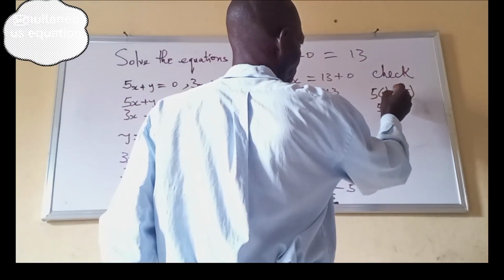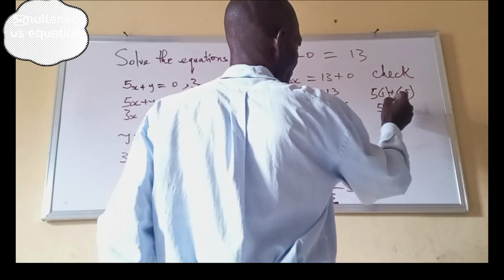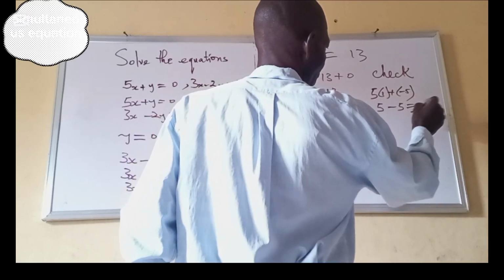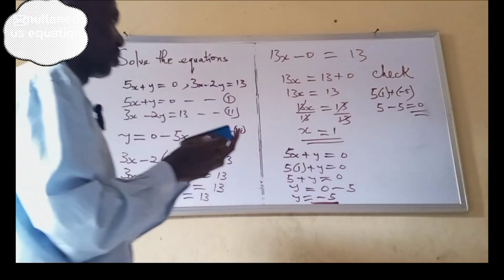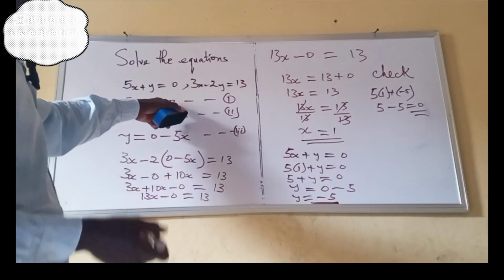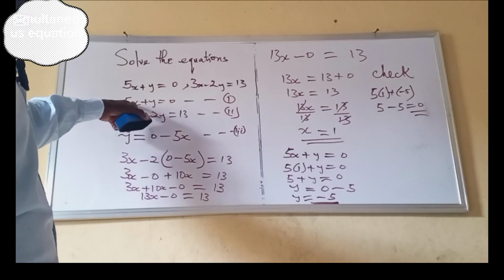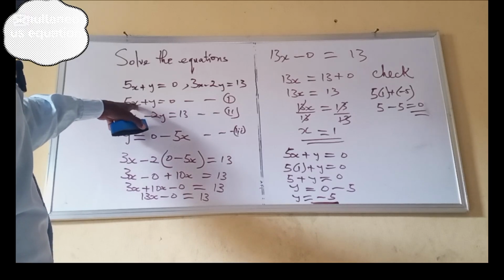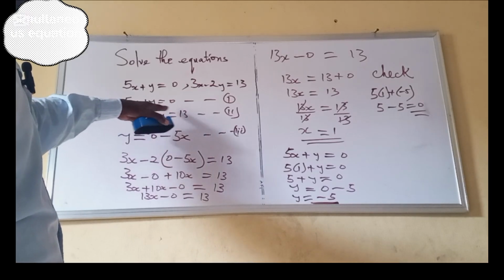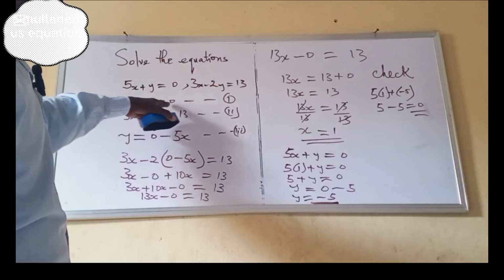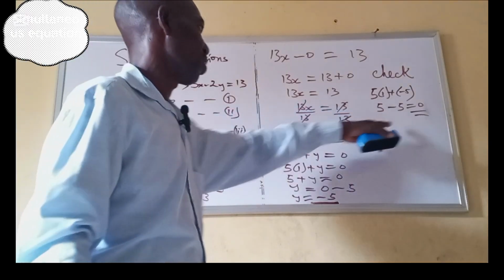Then 5 plus times minus, that is minus 5. This is 0. See, we got 0 here. What this implies is that our x, which is 1, and our y, which is minus 5, satisfy this equation. And that's what we just confirmed here.